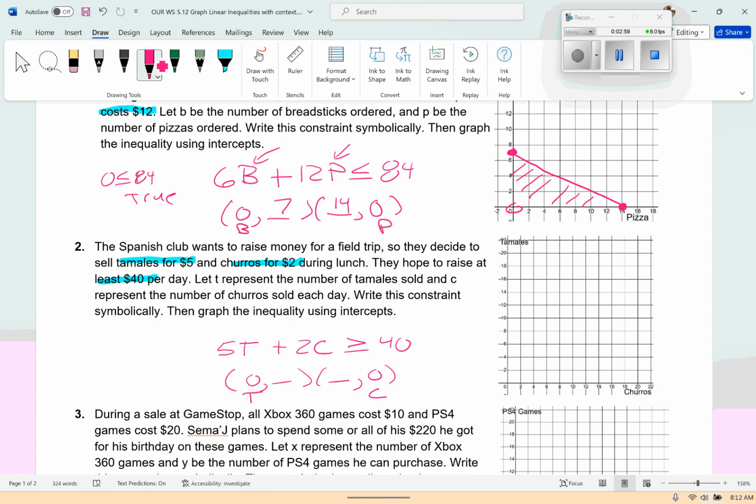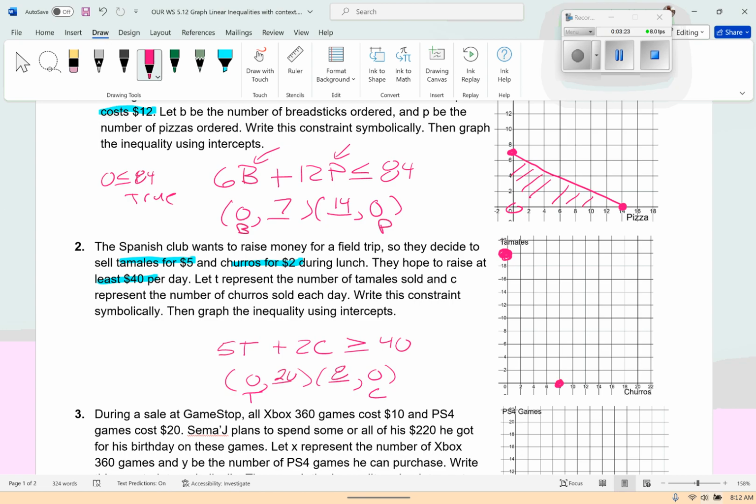All right, ready? If I cover up the T, that's going to be 2 times what number gives me 40, which is 20. So 0 comma 20 is up here for the tamales. And then this one, I'm going to cover up the C. So 5 times what number gives me 40, which would be 8.